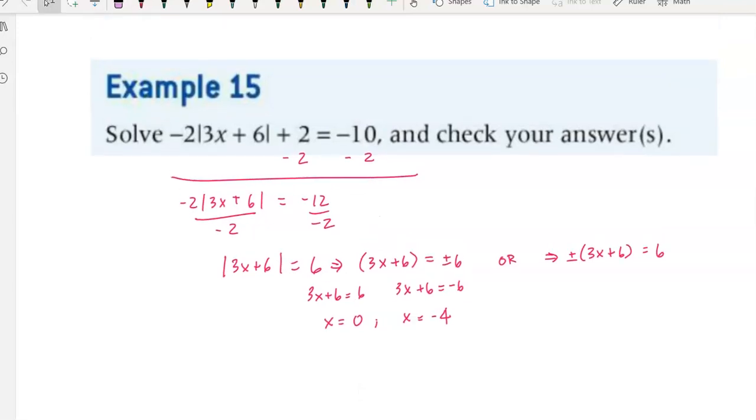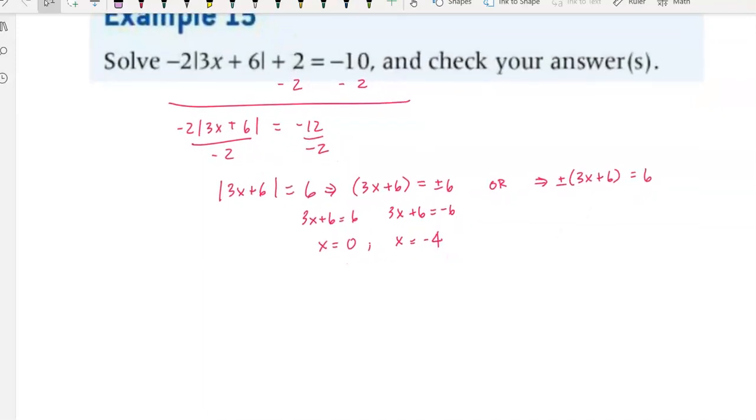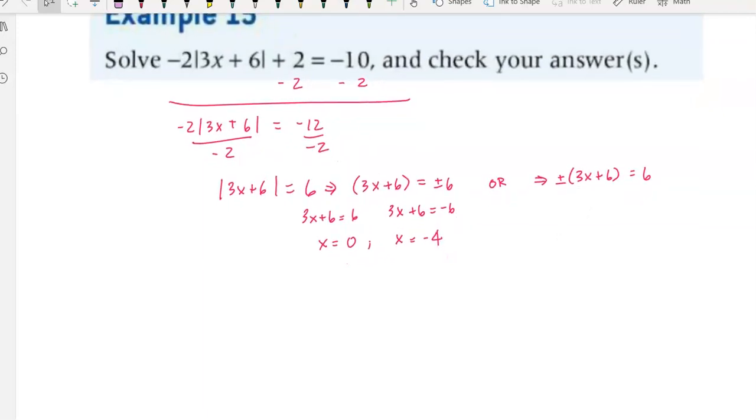And one of the things the book is trying to tell you, which I tell students all the time, is that equations are actually systems of equations, always. I used to say that all the time when I taught algebra 2. So if you see something like the absolute value of 3x plus 6 equals 6, that's y equals that, that's one of your systems, and this is the other.